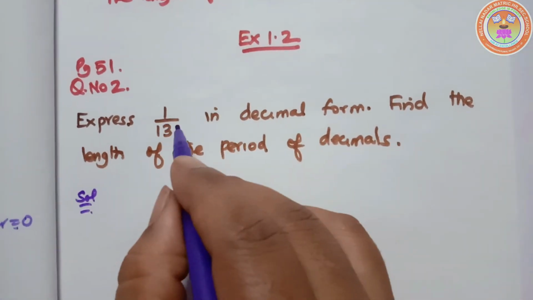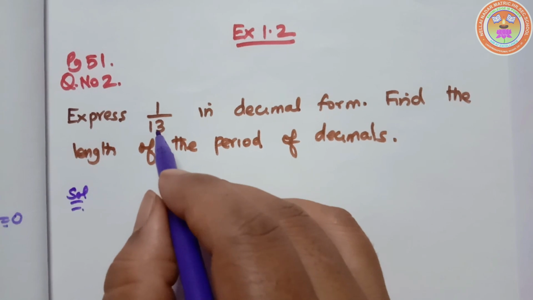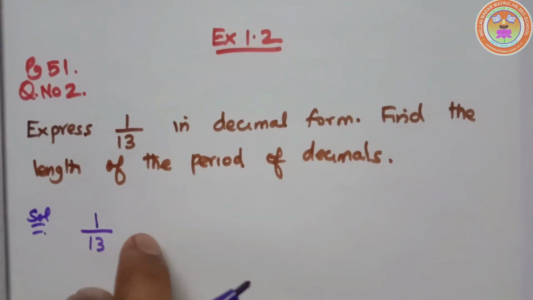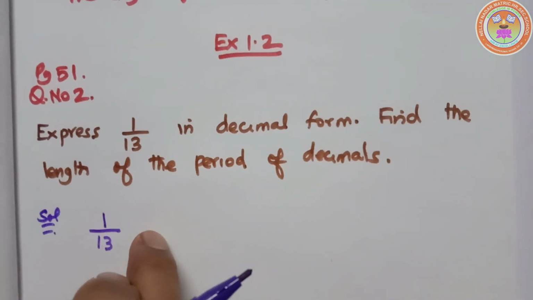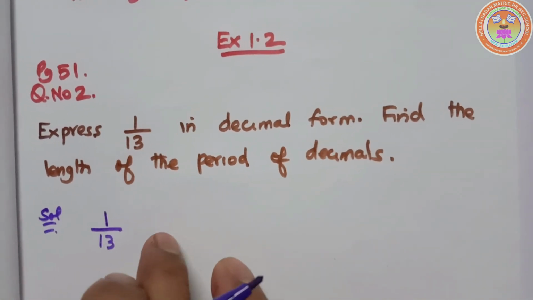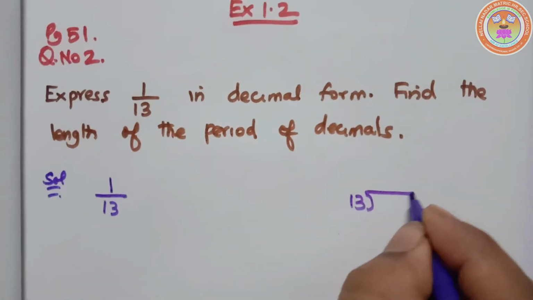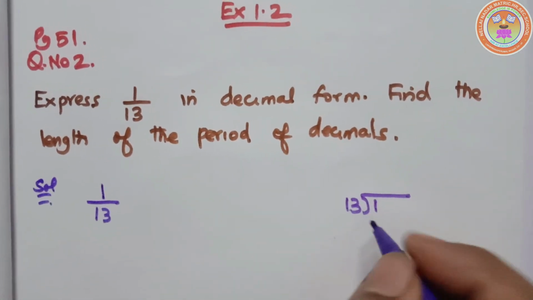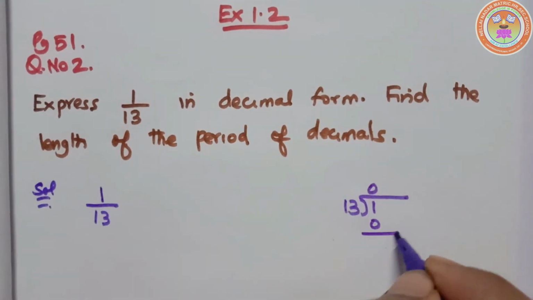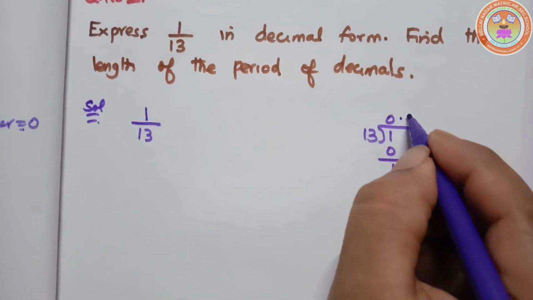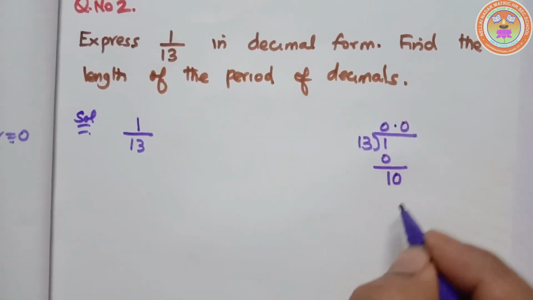First, we have to find: 1 by 13 is a rational number. You have to make it a decimal number, right? Then you have to find the decimal expansion. Okay. 13 into 1. How many times 13? 0 times. Remaining 1.0. Again, 13 how many times? 0 times.